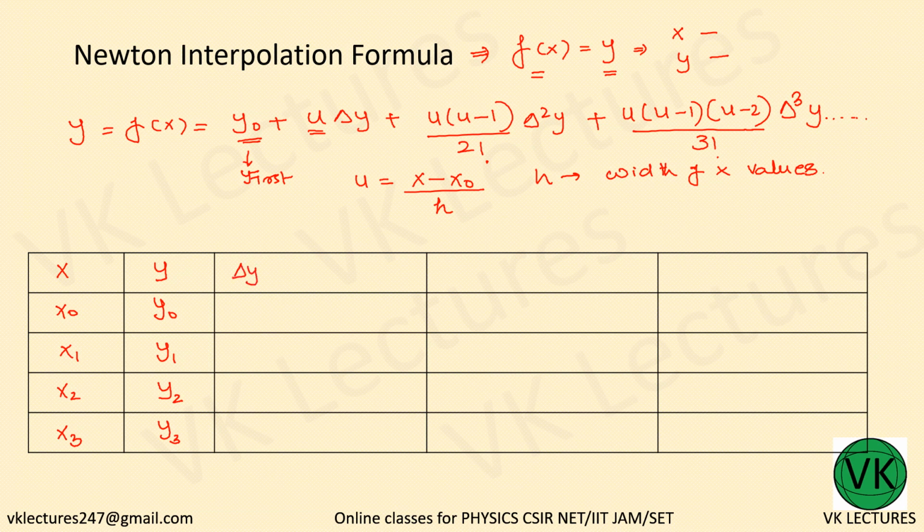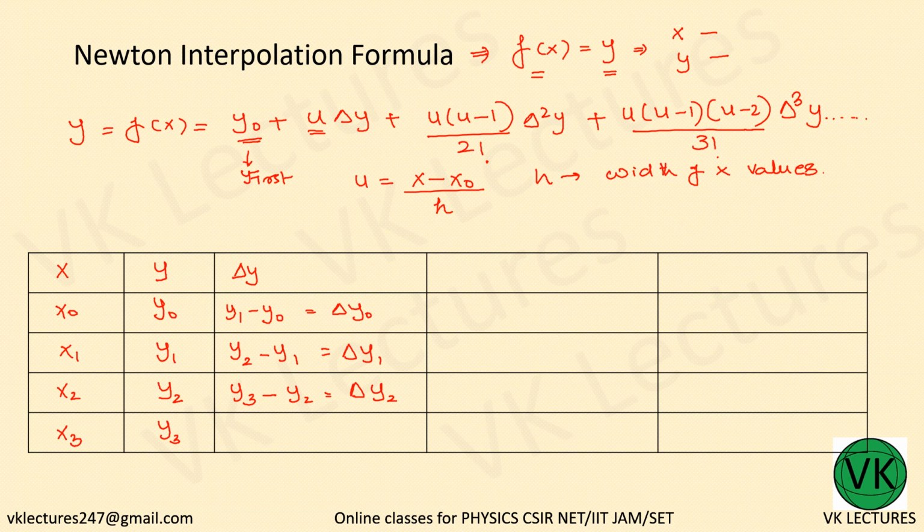Now we will find out the delta y. This is equal to y1 minus y naught. This is given by delta y naught. Now this is equal to y2 minus y1, that's equal to delta y1, y3 minus y2 equal to delta y2.